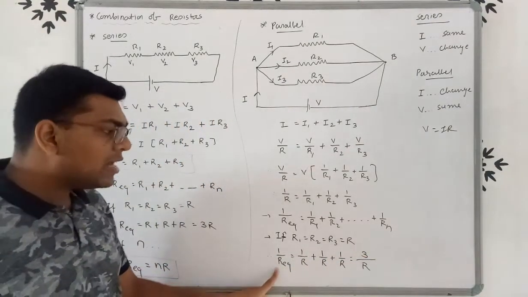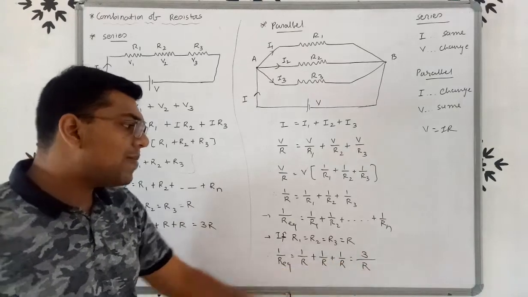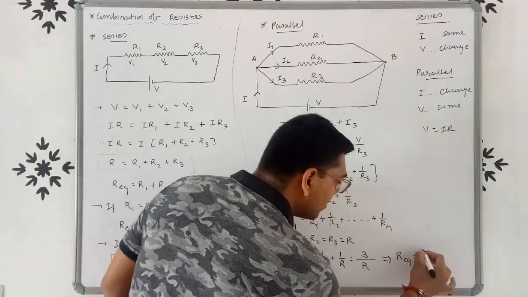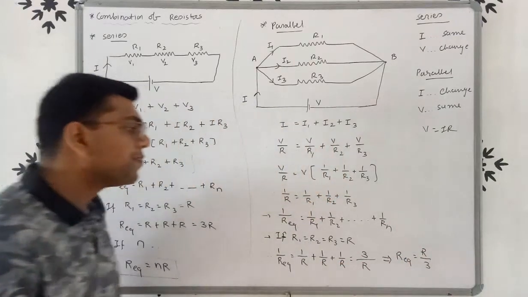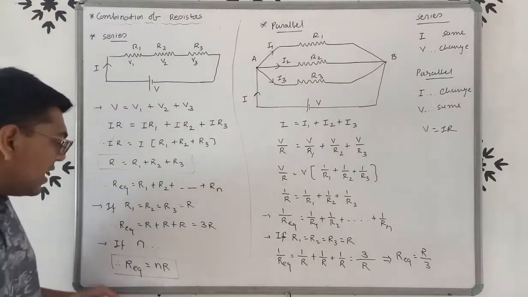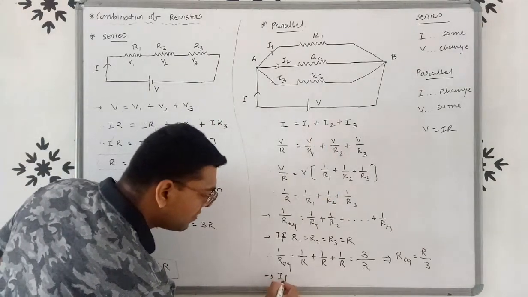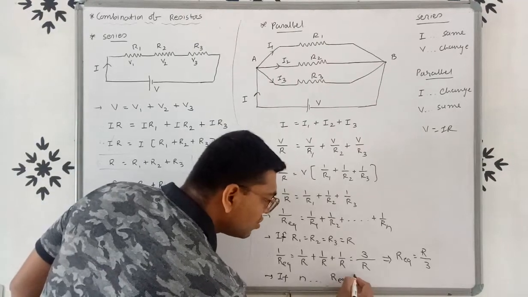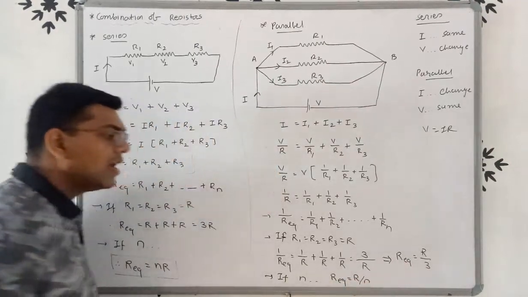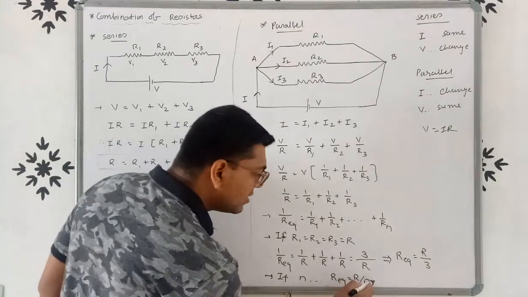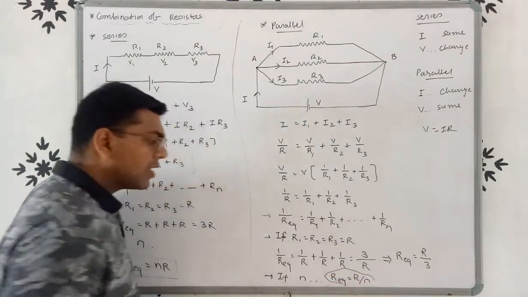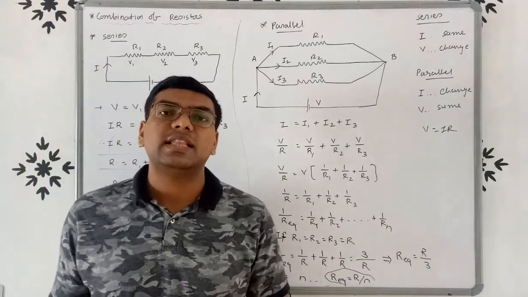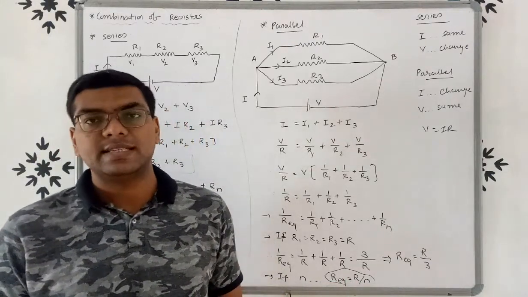So 1 by R equivalent equals 3 by R, and we can write that in this case R equivalent equals R by 3. Right? So if there are n resistors, then R equivalent equals R by n. So in parallel connection, the equivalent resistance is always less than the minimum value of resistance.